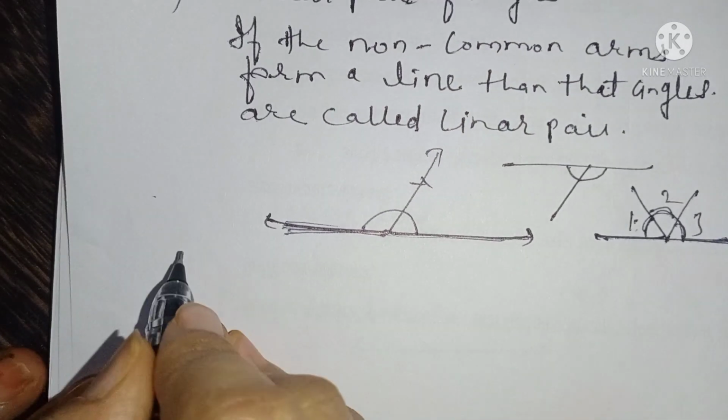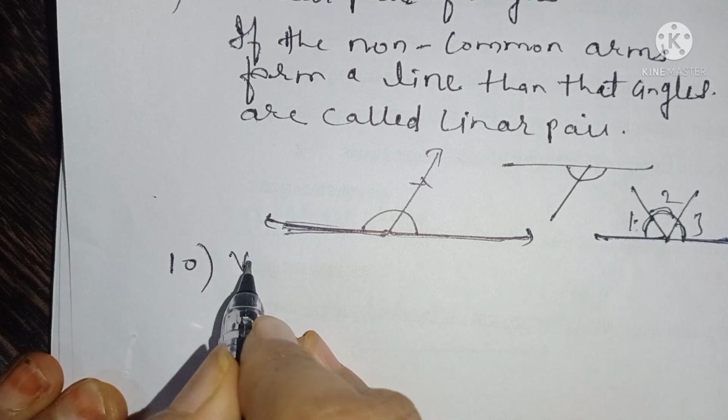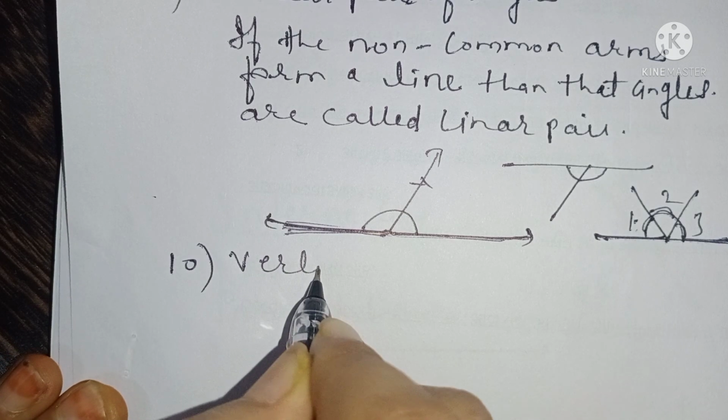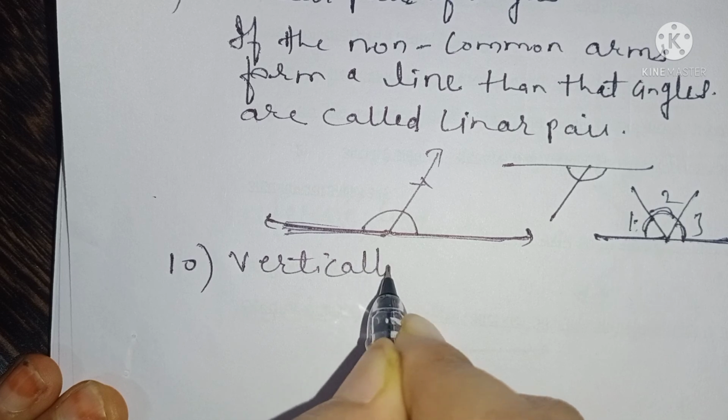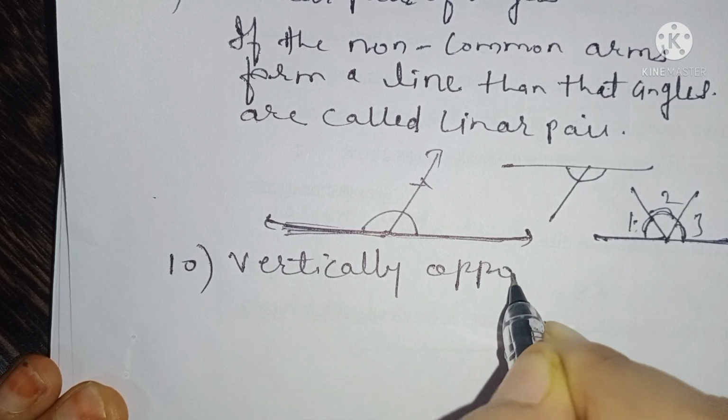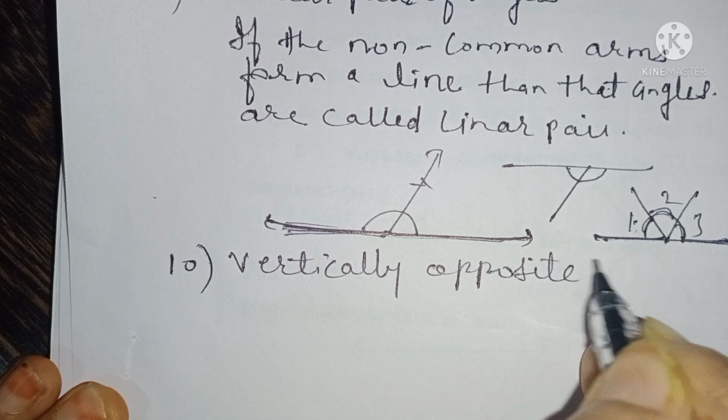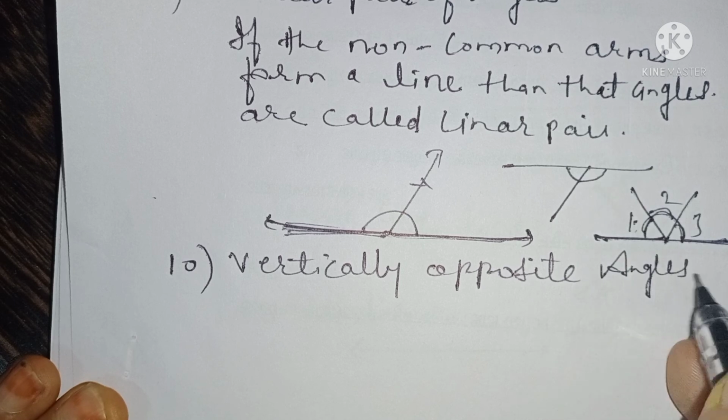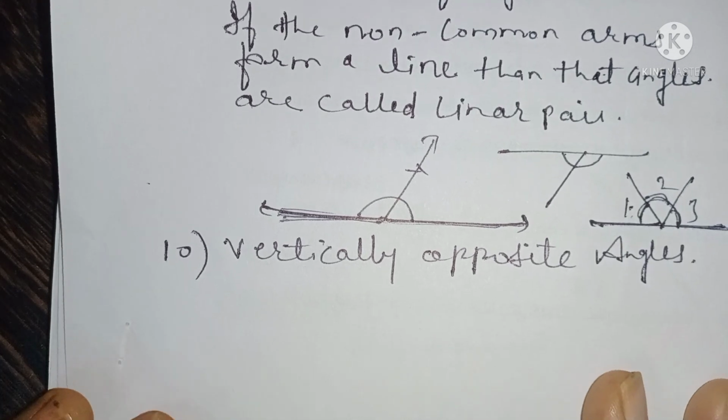Now the last is the vertically opposite angles. What are vertically opposite angles? Again, this is not new for you; you learned it in 7th standard.